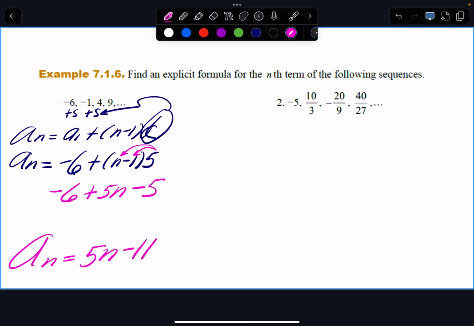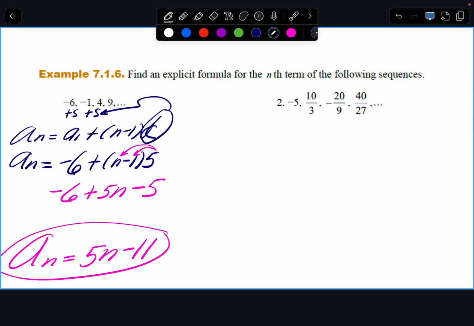So a sub n equals 5n minus 11. So we just wrote the explicit formula. Oh, it's minus 11. It's okay.